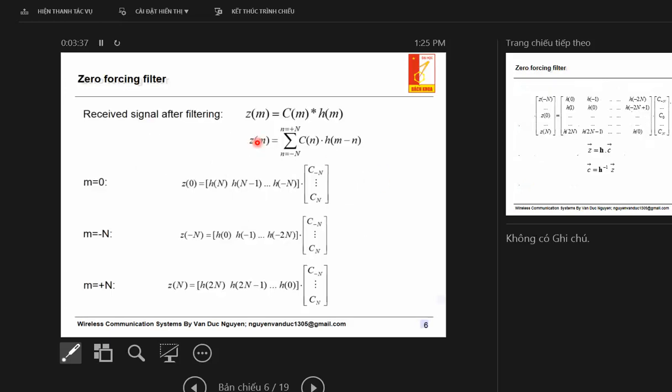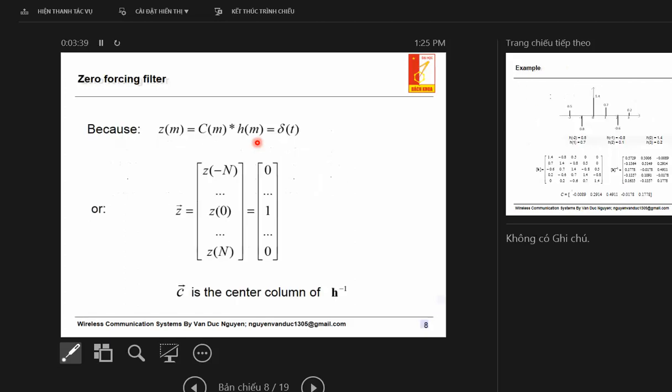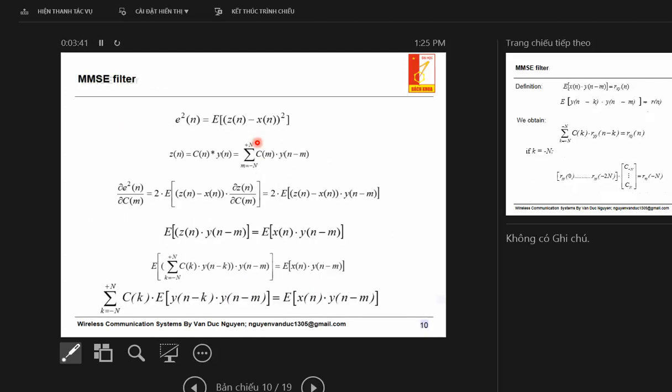And as I said before, in order to calculate the filter coefficient, we need to develop a cost function. The cost function is defined as the expectation of the squared difference between the received signal and the transmitter signal.